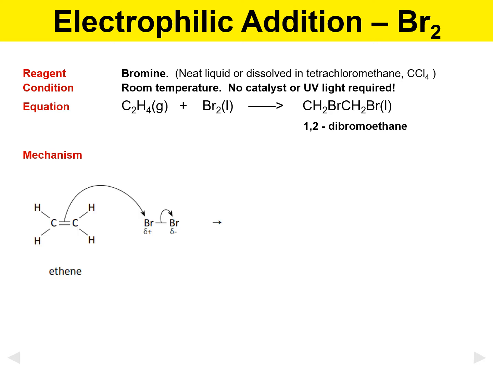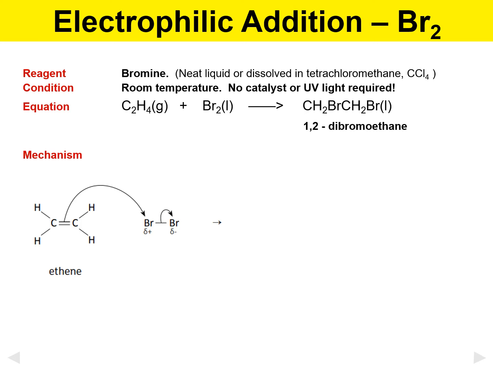In the first stage, you have ethene and bromine. Bromine is a non-polar molecule. However, when it is in the environment of the ethene molecule, it forms dipoles. The bromine closer to ethene is delta positive and the bromine furthest away is delta negative.